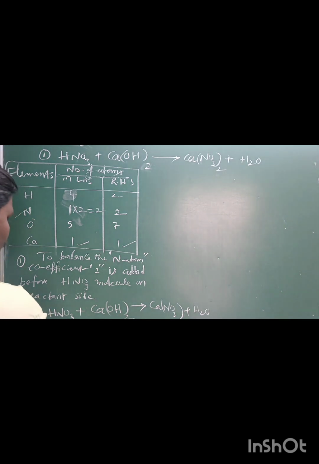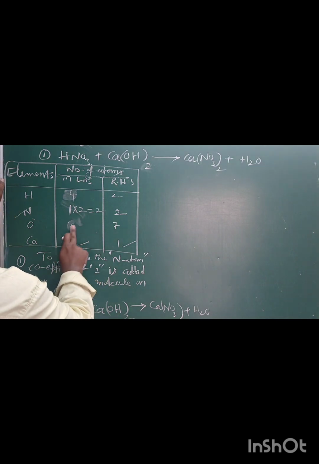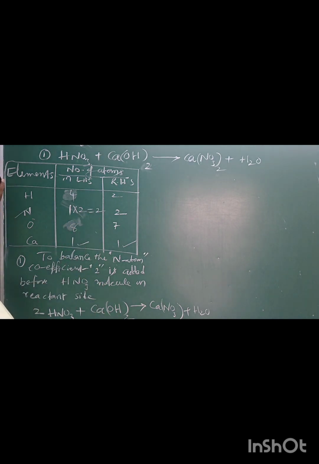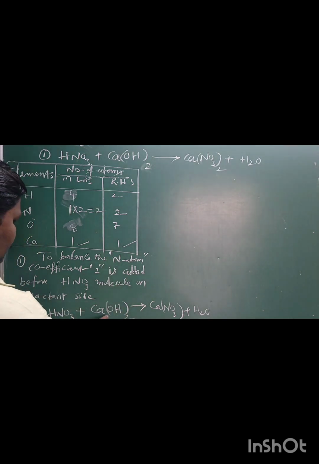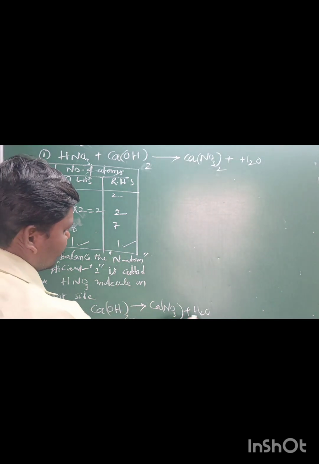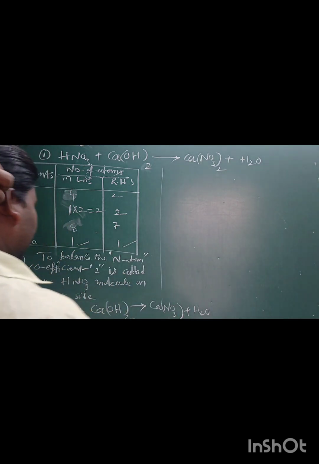Here 2 is there. 2 twos are 4. How many oxygens? 2 threes are 6, 6 plus 2, 8 oxygens are there. On the product side, 2 threes are 6 plus 1, 7 is there in this side. Next, step 2.